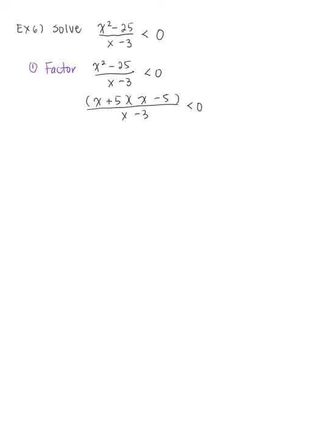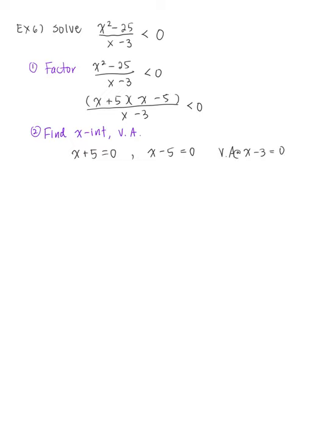Now step 2, same thing. Find all the x-intercepts and the vertical asymptotes if there are any. So we do have x-intercepts in this case. Our x-intercepts are where x plus 5 goes to 0 and where x minus 5 goes to 0, and our vertical asymptote is where x minus 3 goes to 0.